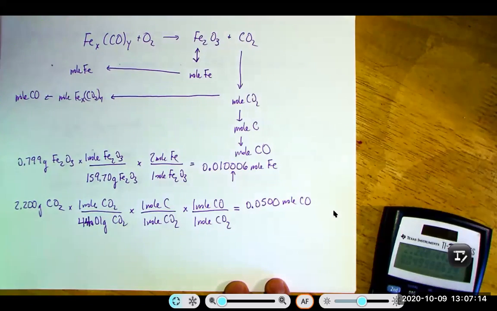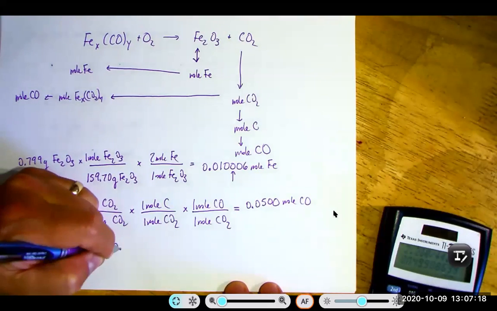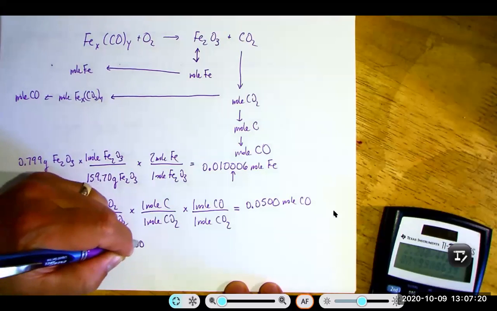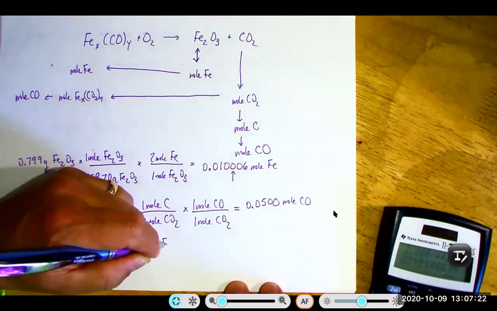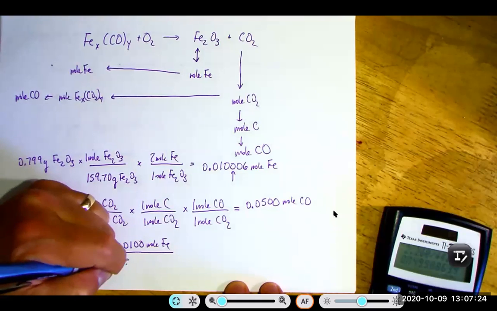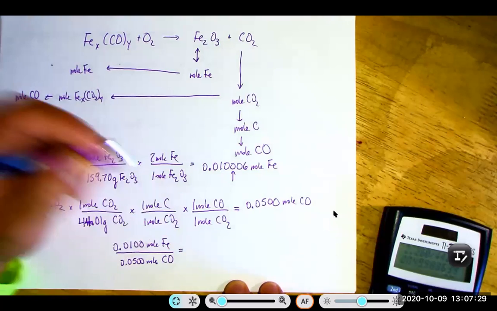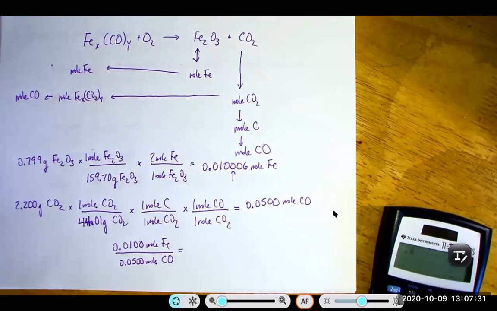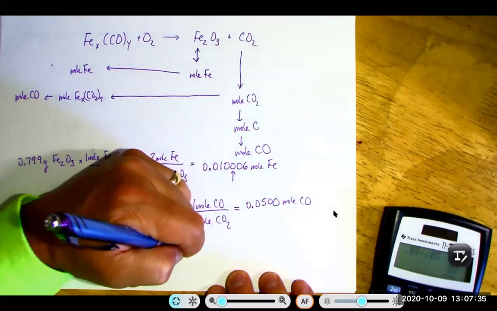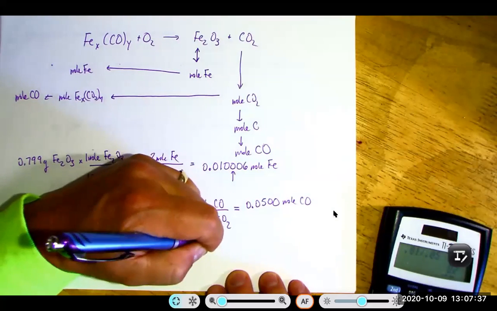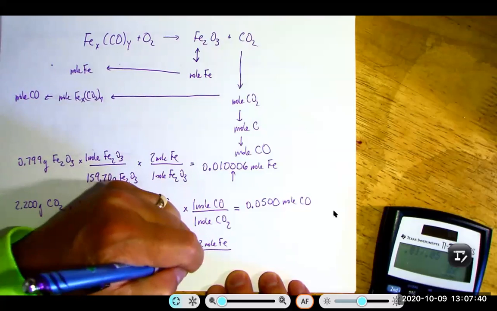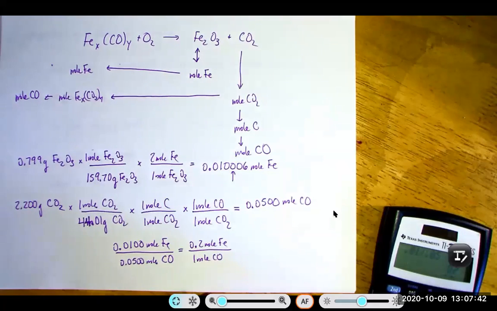Now, let's screw up on purpose, okay? Now we get 0.2 mole of iron to 1 mole of carbon monoxide. Clearly not the answer we want, correct?